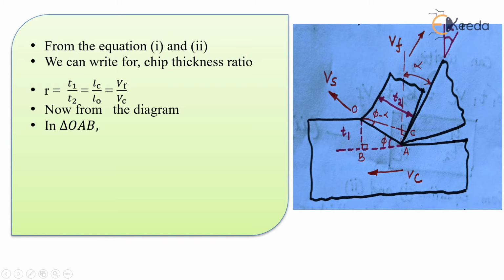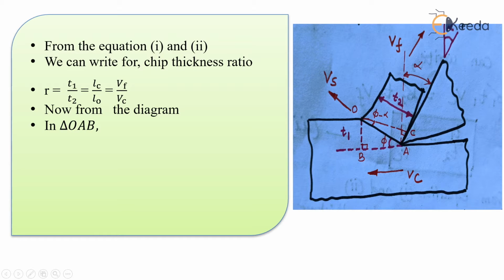Now look at the diagram. From the point O, I have drawn a normal on the rake face of the tool at point C. This T1 is the uncut chip thickness. Please look at the geometry and understand.